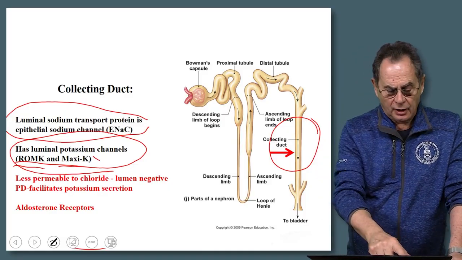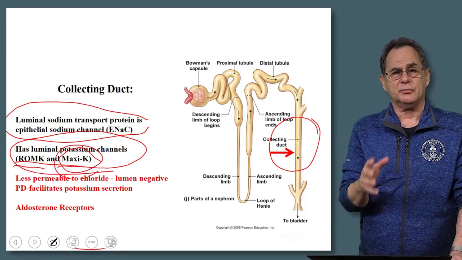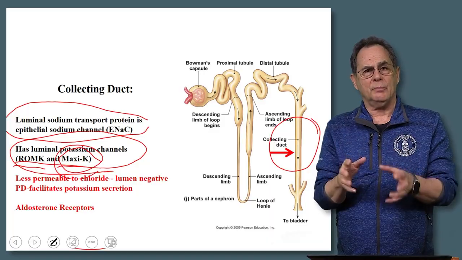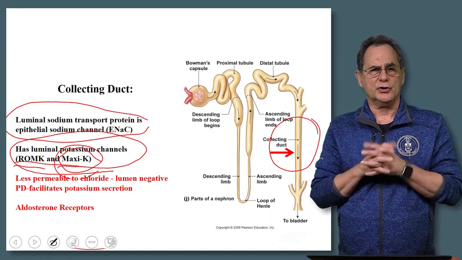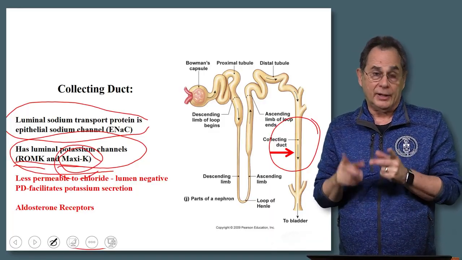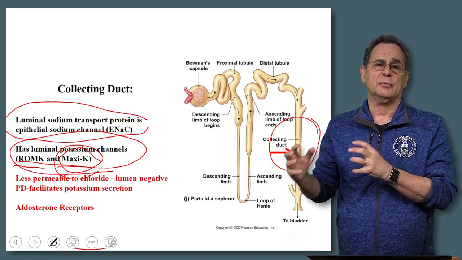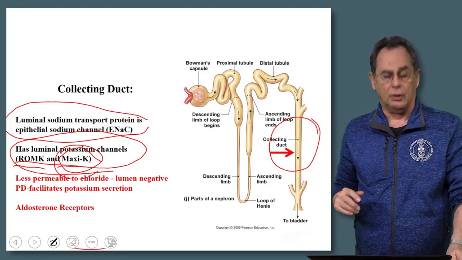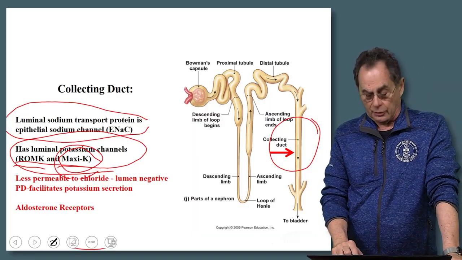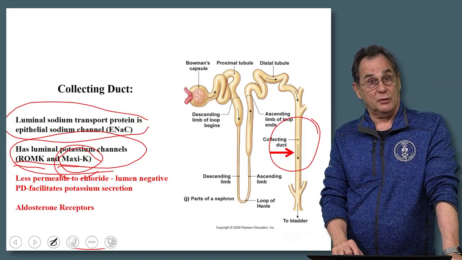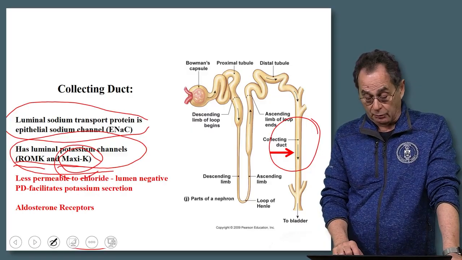These are very high capacity potassium channels. These are integral membrane proteins that reside within the luminal membrane and sometimes the basolateral membranes of cells that allow potassium to move, more properly, out of the cell.